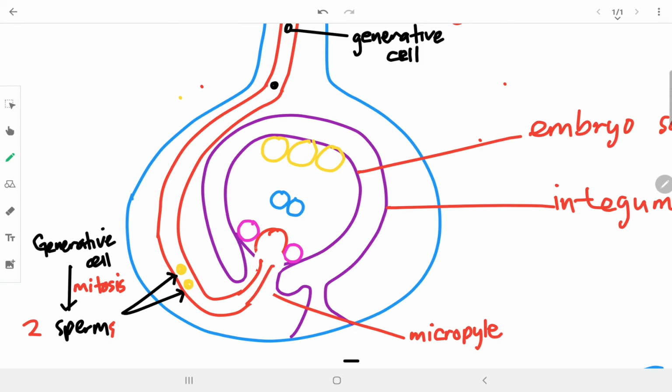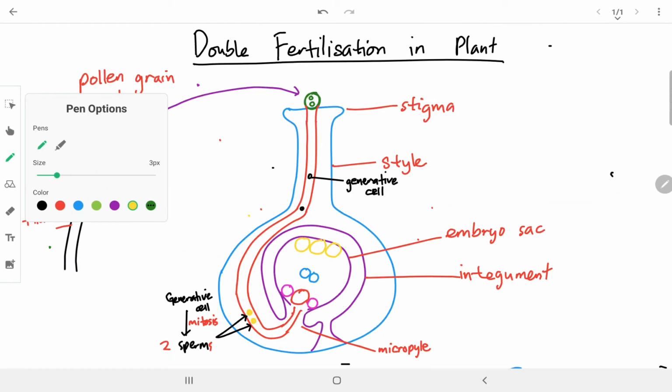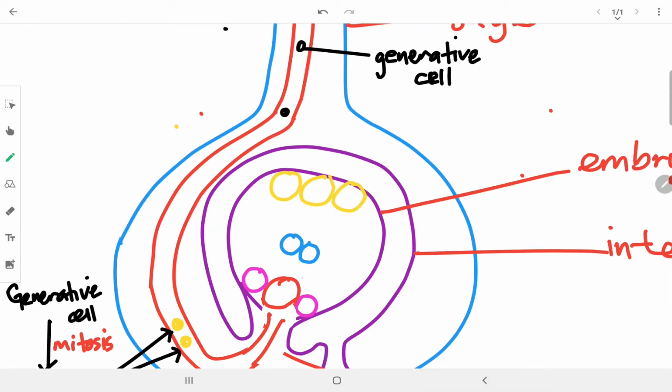And what will happen here? These 2 sperm will be discharged into the embryo sac. The first sperm will fertilize with the egg.